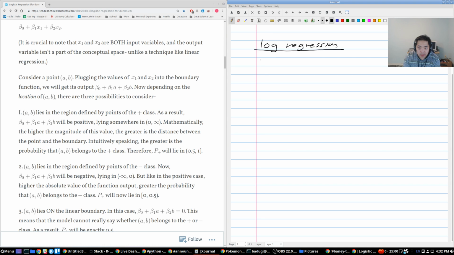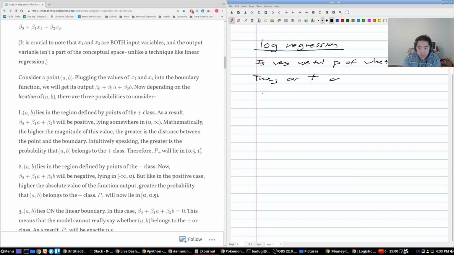Right now, what I know is that logistic regression is very useful for finding the probability of whether something is true, or whether something is positive or anything like that.